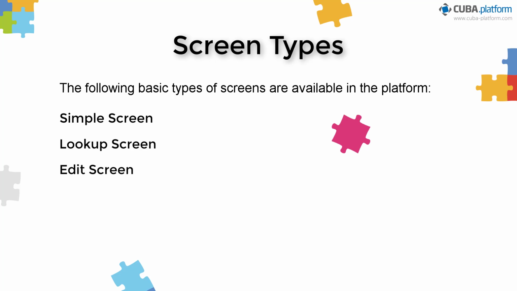Edit screen. Edit screen is designed to display and edit entity instance. It initializes the instance being edited and supports actions for committing changes to the database. Edit screen should be opened by the openEditor method, passing an entity instance as an argument.